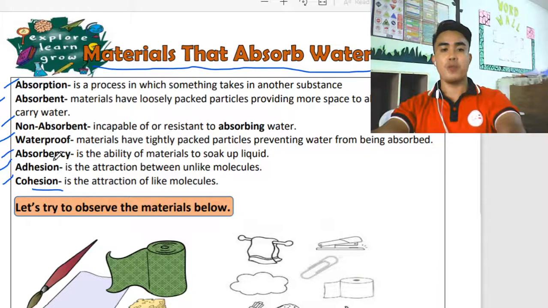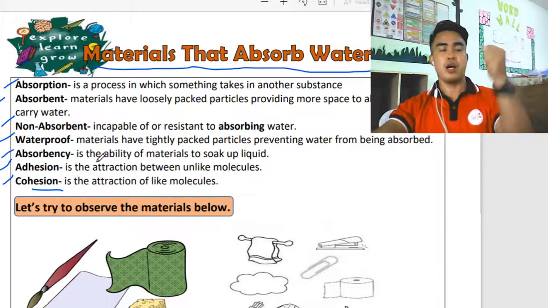Next is absorbency, the ability of materials to soak up liquid. For example, bed, shoes, t-shirts, they have the ability to soak up liquid, just like water. Next, adhesion is the attraction between unlike molecules.